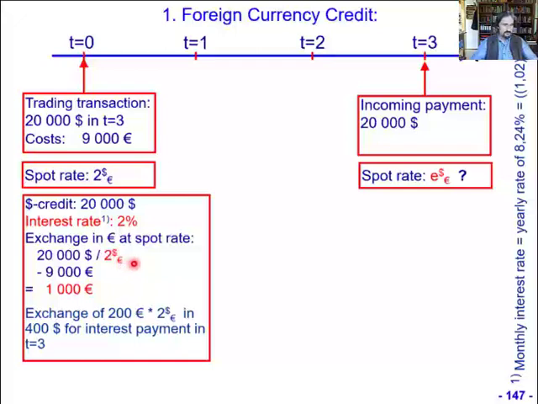Hence, we would have a euro income equal to 10,000 euro minus our production cost, which yields a certain profit of 1,000 euro.